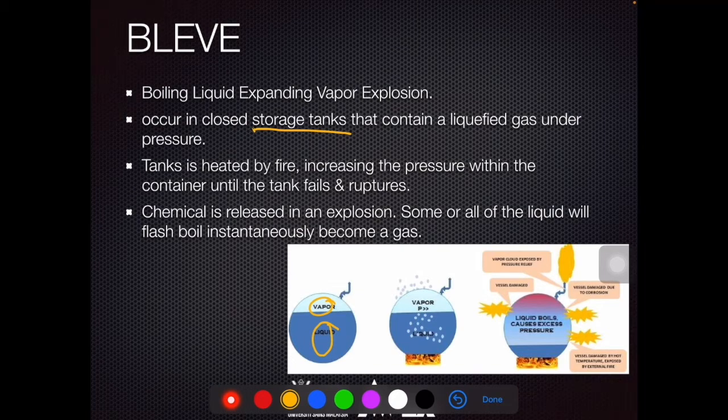However, due to a fire outside the tank, this content is heated, causing an increase in the pressure within the container. And when the pressure exceeds the capability of the storage tank, it will cause a failure and it will explode. So some or all of the liquid will flash boil and instantaneously become a gas.